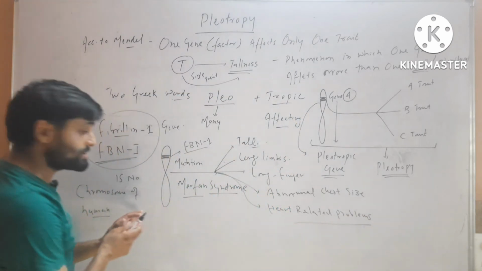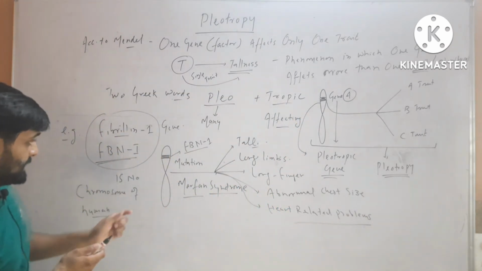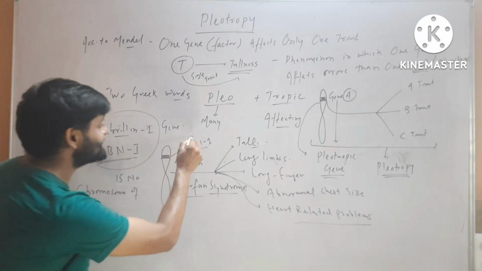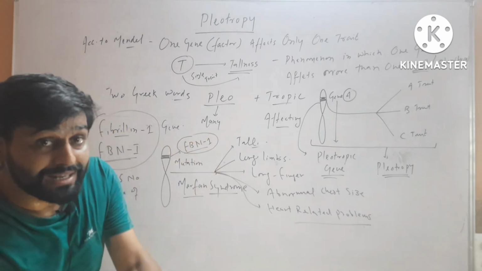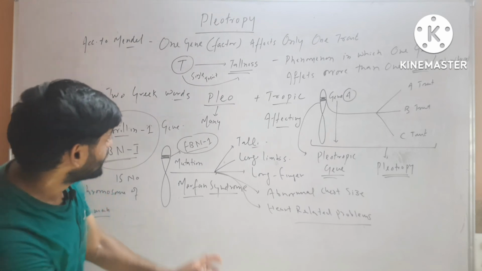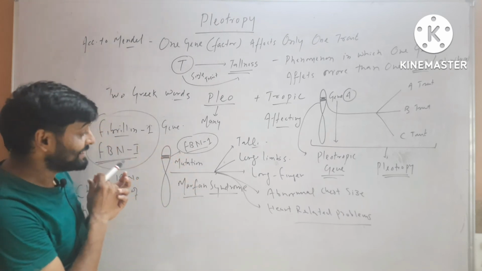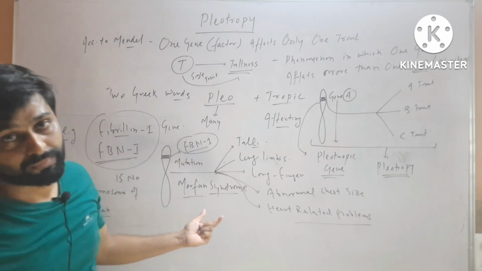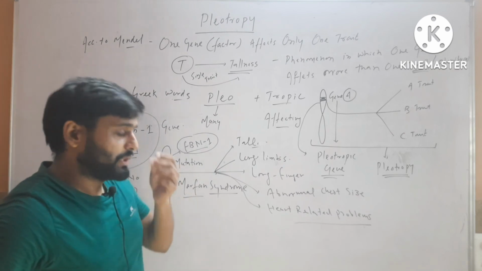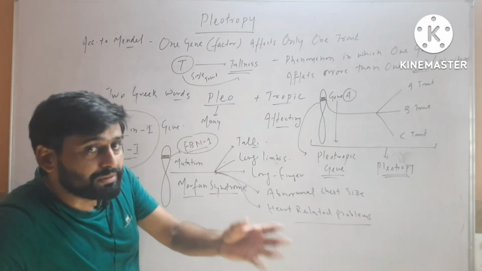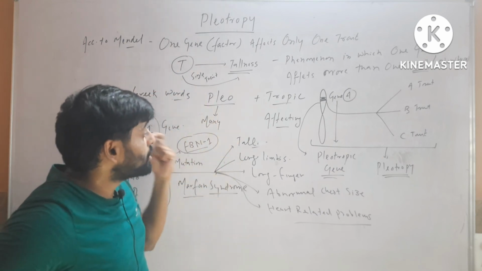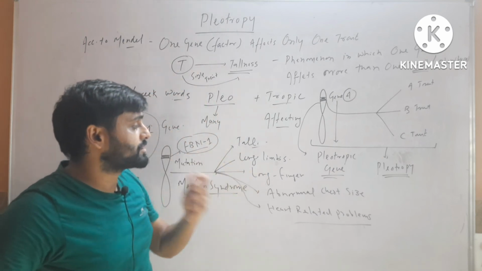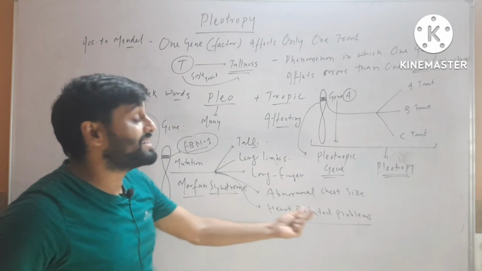So a person in whom this FBN1 gene, which is present on chromosome 15, is mutated, gets Marfan syndrome. Persons affected with Marfan syndrome are abnormally taller and they have long limbs, long fingers, abnormal chest size, and heart related problems.